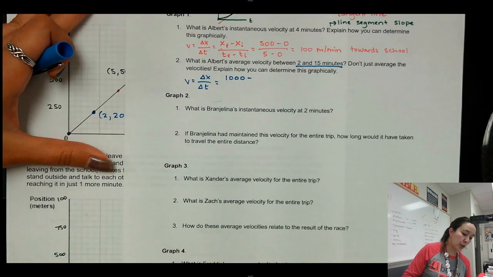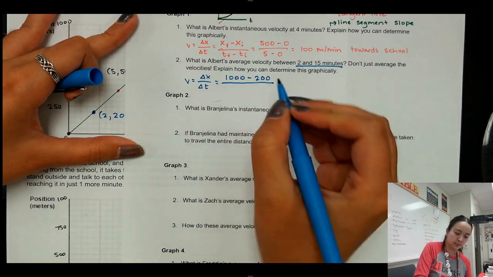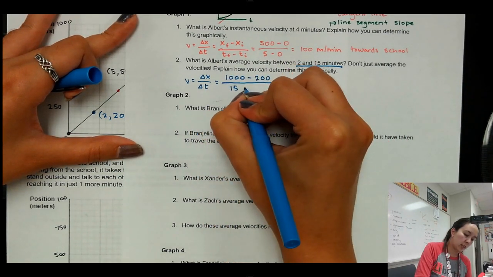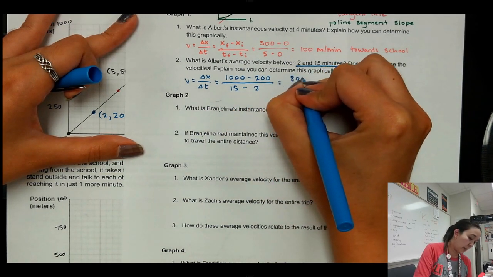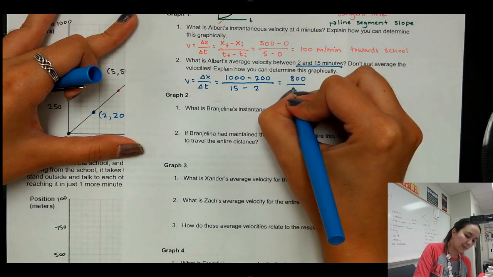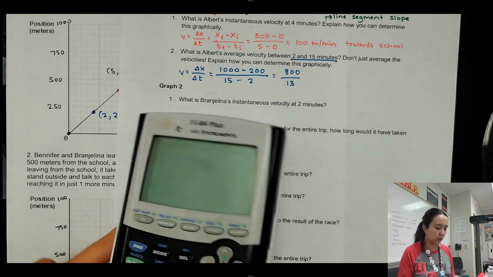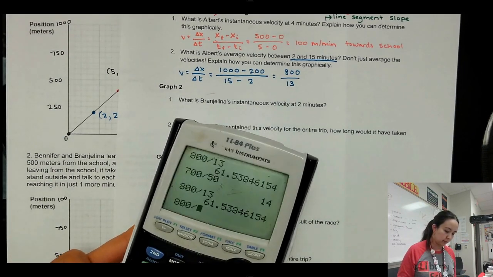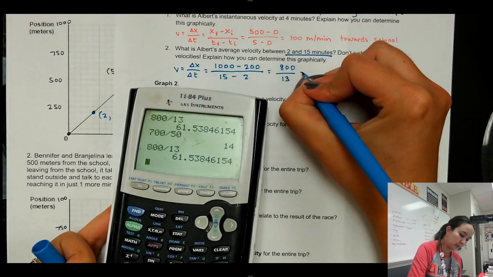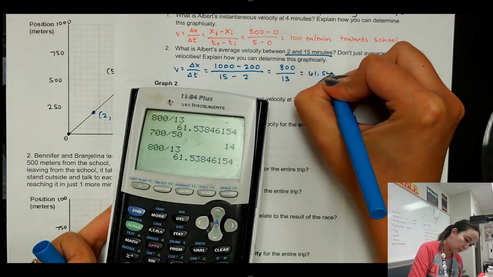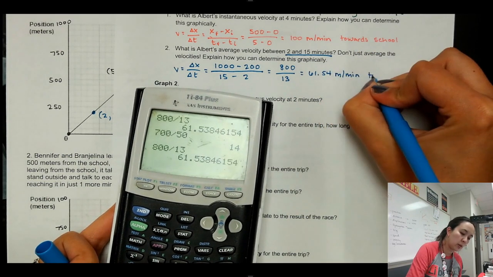At time equals 2, he was 200 meters away from his house, and then we would do 15 minus 2. Which is a pretty ugly fraction. Let me crunch that real quick. Oh, look, I've got it there: 61.54 meters per minute towards school.